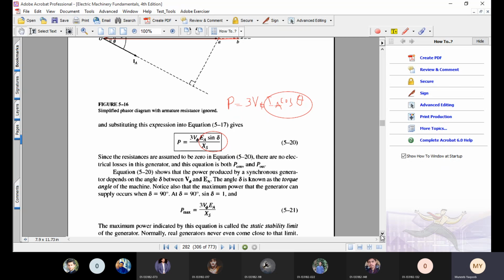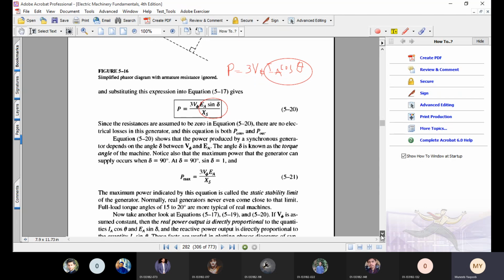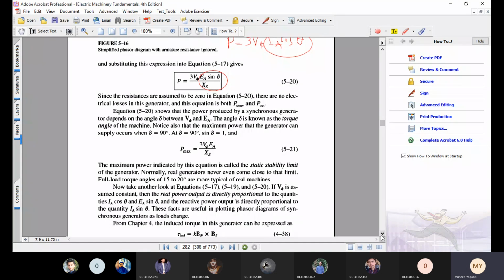Now we all know that sine of delta could have a maximum value of 1. So hence the maximum power a synchronous generator can provide is basically known as the static stability limit, and it is 3 times V phi EA upon XS. Now, a question is whether the synchronous generator achieves this power. The answer is no. Why?